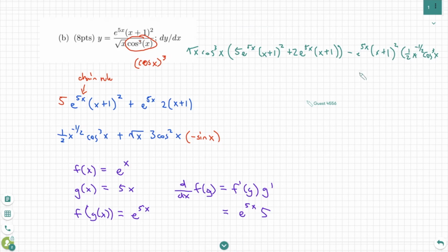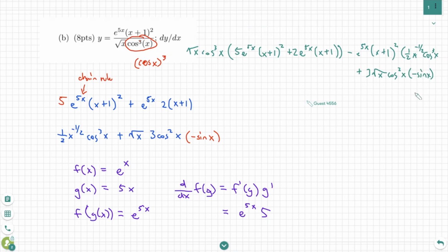Your teacher doesn't really care about the order, right? Or simplifying these too much. No, this would be fine.